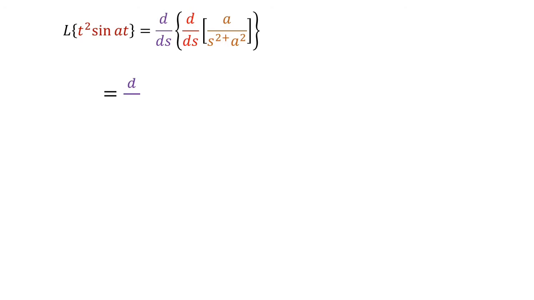Here we first differentiate f dash s, and f dash s is a upon s square plus a square. As we already saw in our previous slide, when we differentiate this expression, we get 2as upon s square plus a square whole square with a negative sign. Again, here we are using the formula of differentiation of two terms.